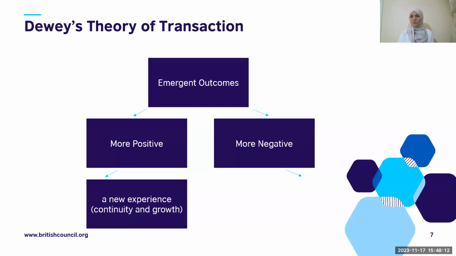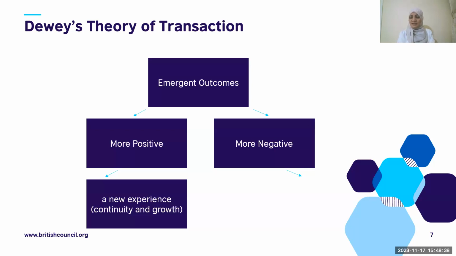So if I'm learning chemistry and there is a difficult lesson that challenges my emotions, and I start responding to it by trying different solutions and using language and actions to find a way out, if I continue to do this and I grow in the process, then this is a more positive outcome.